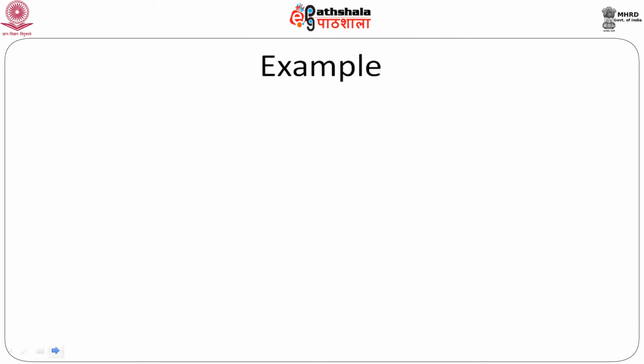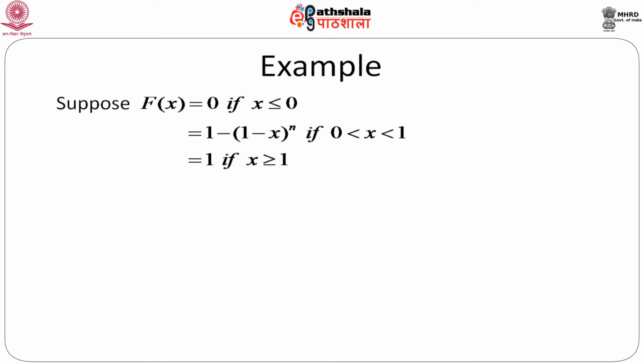Now, we will just consider one example to show whether whatever we have learned is really useful, and whether we can use our learning on a real example. Suppose somebody gives you that capital F(x) is of this form: 0 if x is less than or equal to 0, 1 minus (1 minus x) to the power n if x lies between 0 and 1, and 1 if x is greater than or equal to 1.